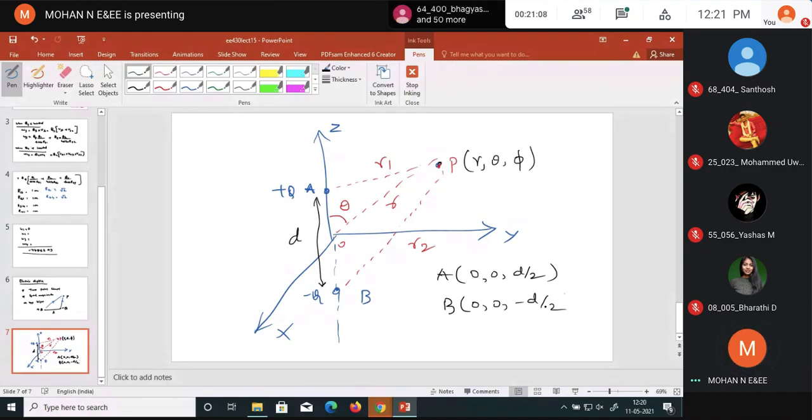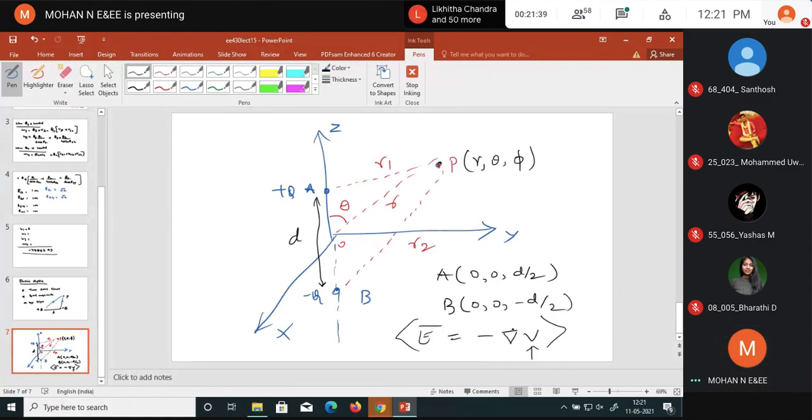So you can find E at the point P if you are able to find the potential at point P and then take the gradient of the potential. That is my comprehension at this point of time.